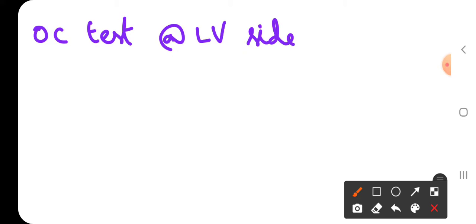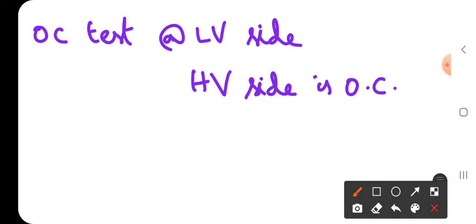That means the OC test is conducted at the LV side, and the HV side is open circuit. This is the first point. Second, you need to apply the rated voltage at the LV side.